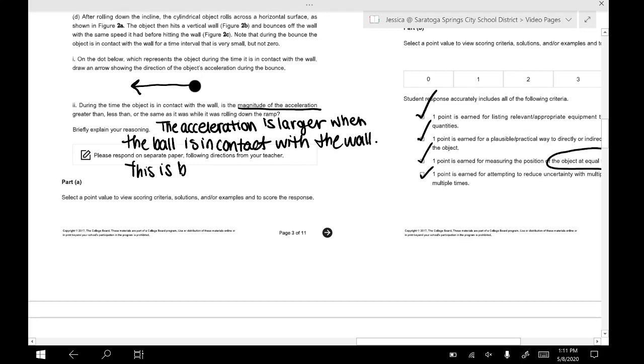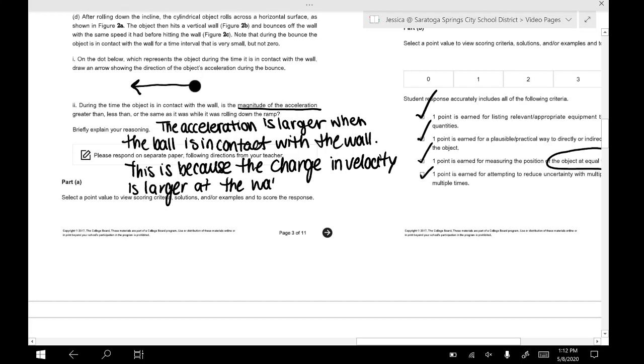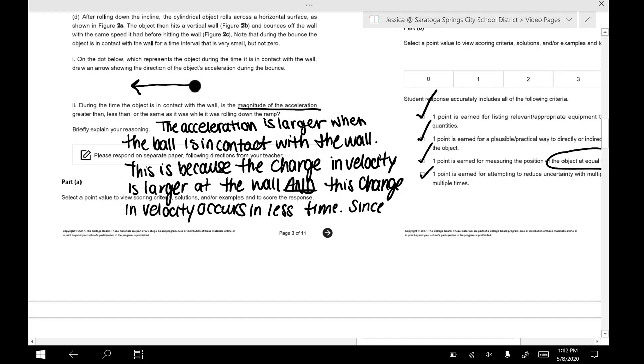This is because the change in velocity is larger at the wall, and this change in velocity occurs in less time, since a is change in velocity over time.